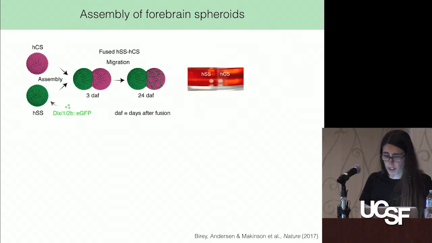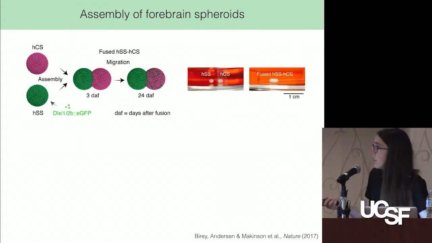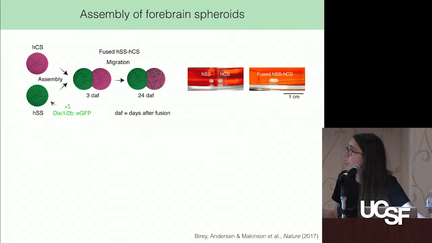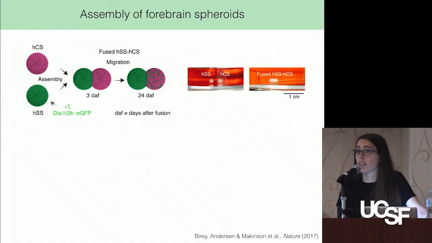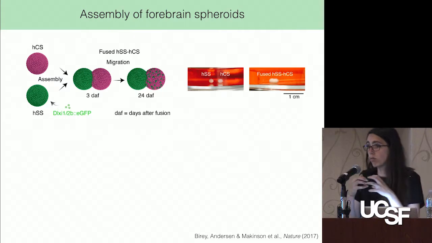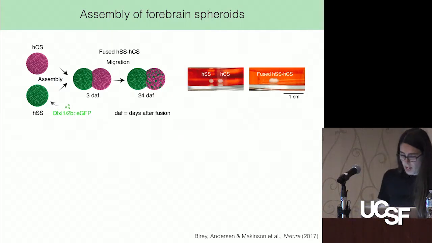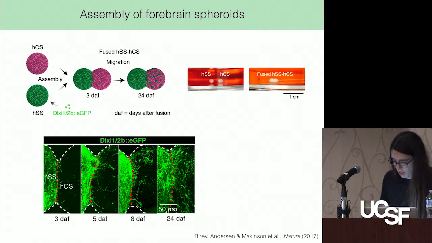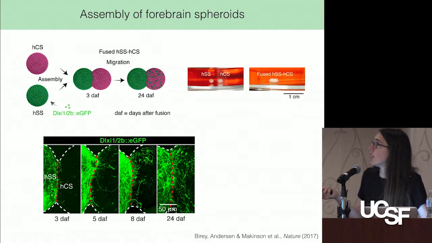Just briefly, this is what it looks like. These are cortical and subpallial spheroids that are put together, and after a couple of days, they form one structure. If we look at the expression of this reporter over time, we see that indeed interneurons move from the subpallial side to the cortical side over time.